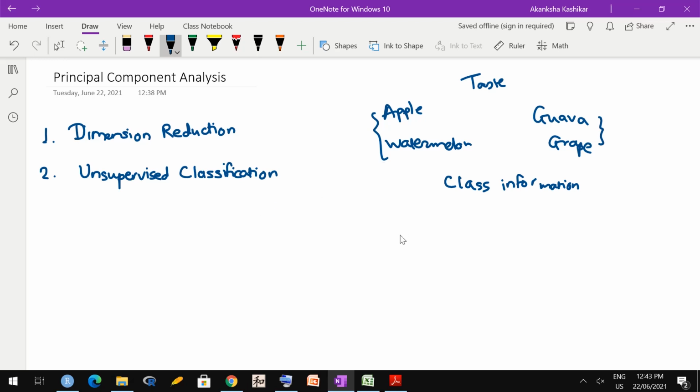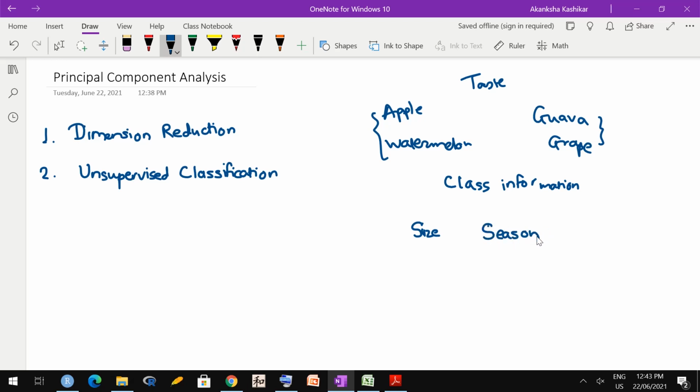So if I again consider fruits, there are hundreds of things that I can measure about a fruit. Okay. Or that I can record about a fruit. But we will focus on very few of them. So very few of them means what? Suppose the data set gives me say size of the fruit in three categories: small, medium, big. Then say season of the fruit.